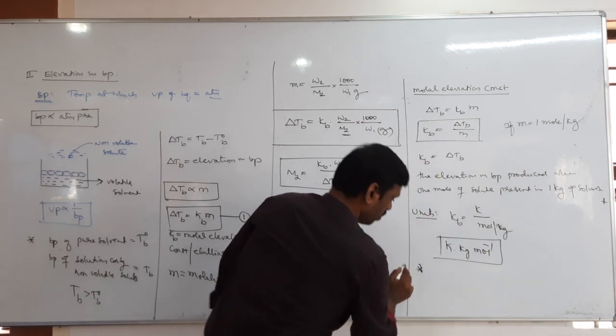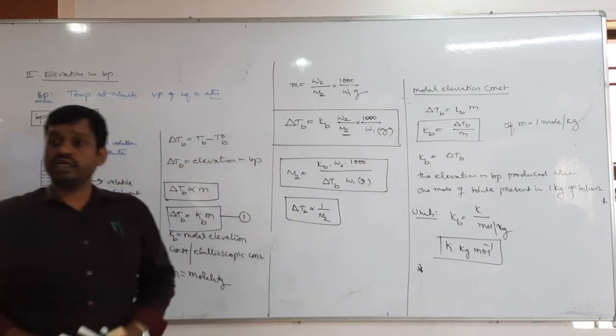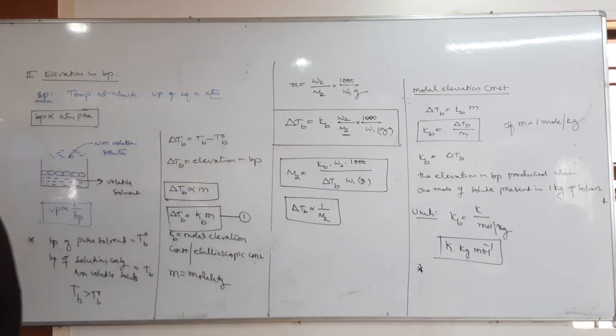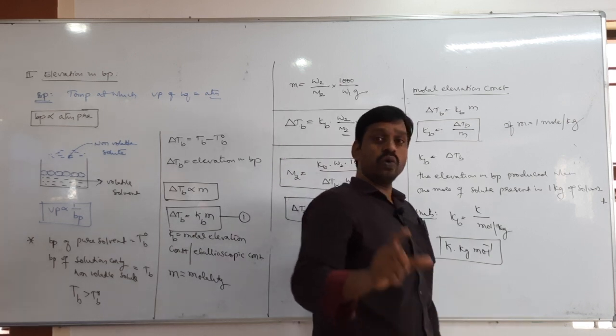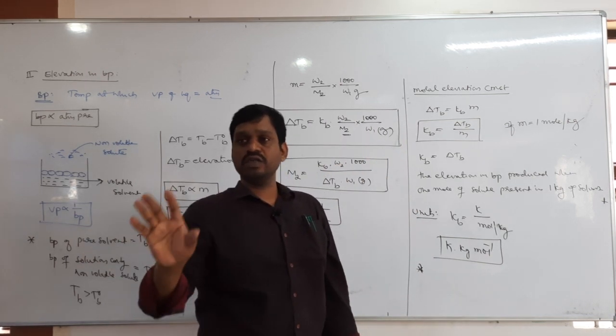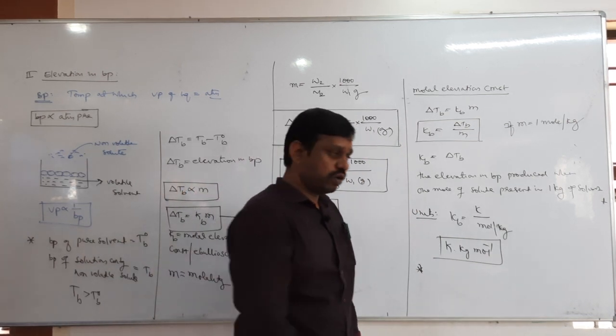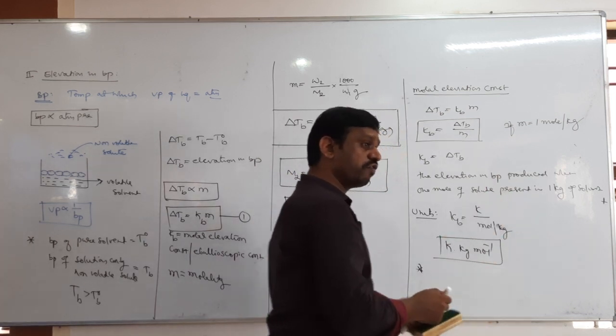Next, does the Kb value depend on the nature of the solute or the nature of the solvent? The Kb value is related only to the solvent, but not the solute.